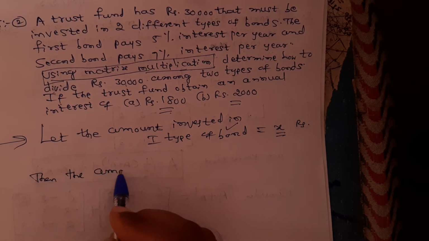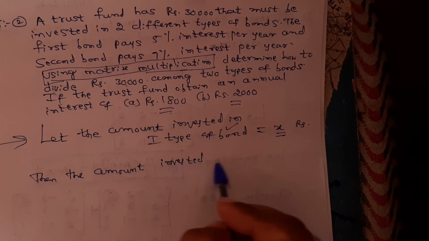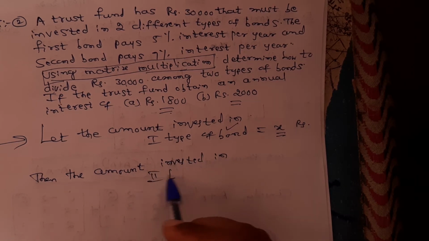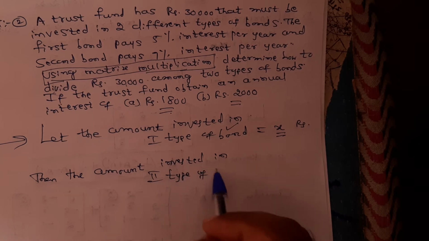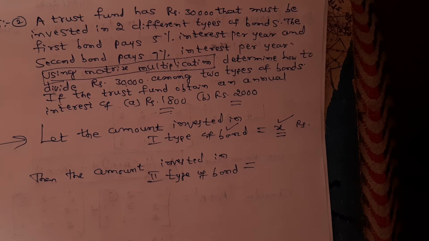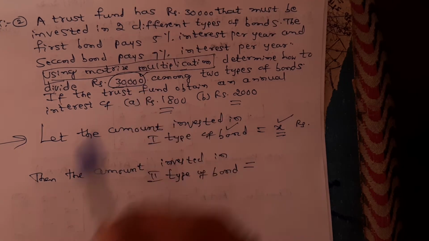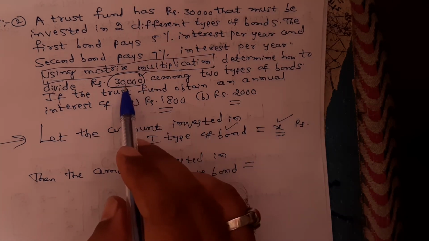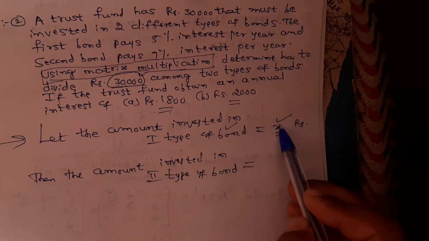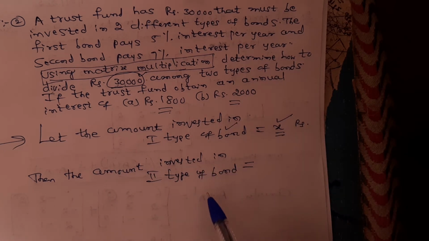Then what is the amount invested in the second type? There are two types of bonds here. I have already invested x rupees in the first type of bond. I have a total of 30,000 rupees. So what is the remaining amount I have to invest in the second type of bond?